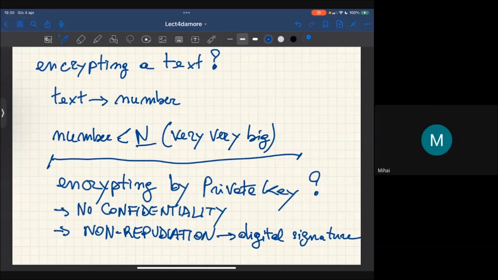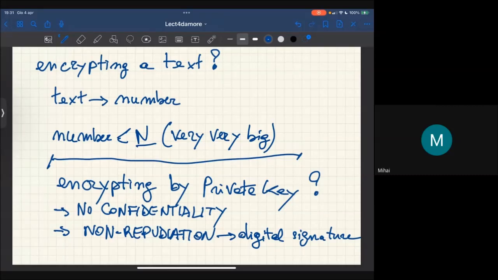You cannot say it was not me, because there is something denoting myself, and I cannot repudiate this because the whole system is constructed so that I cannot share my private key.